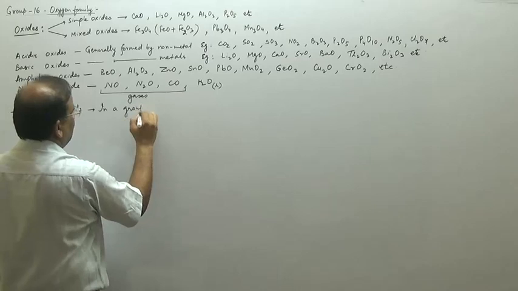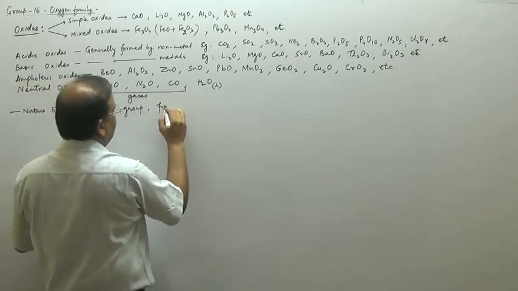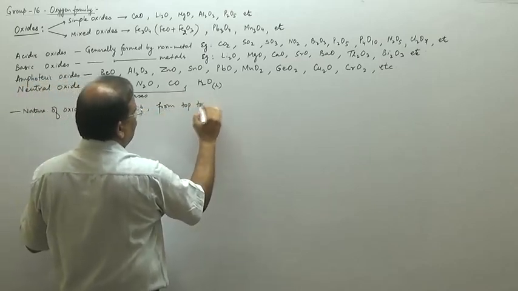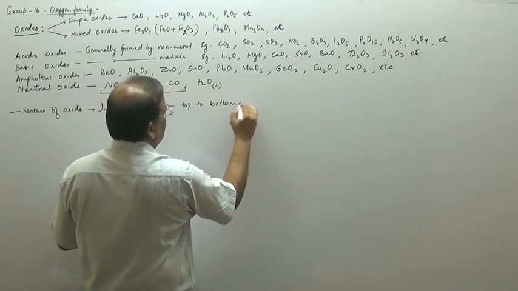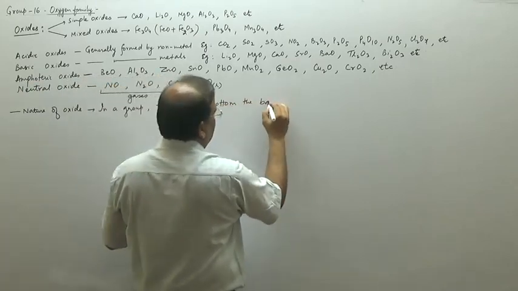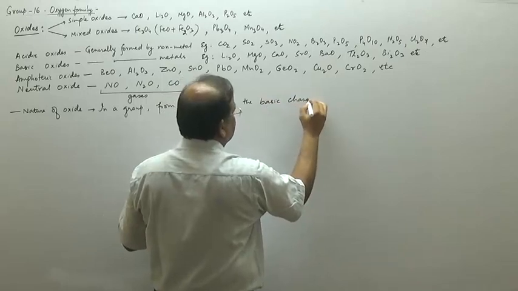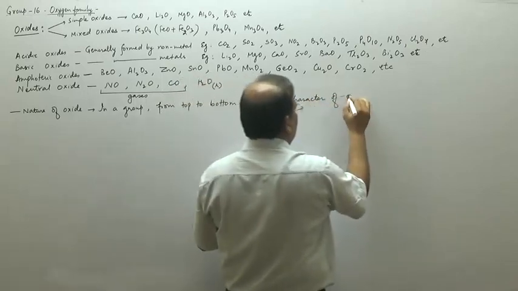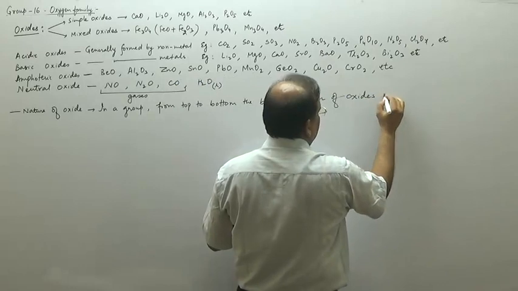In a group, from top to bottom, the basic character of oxide increases.